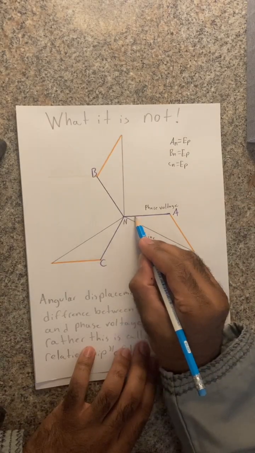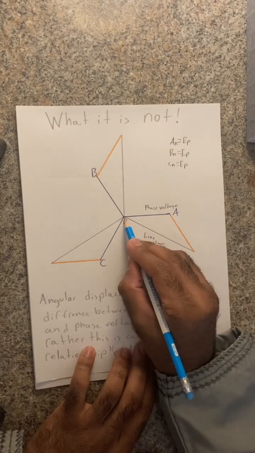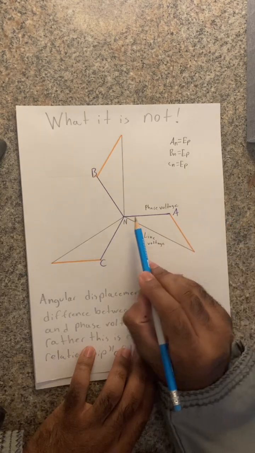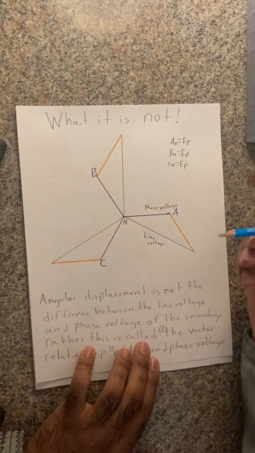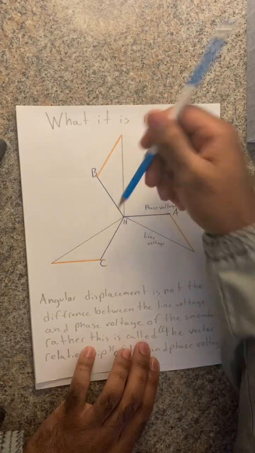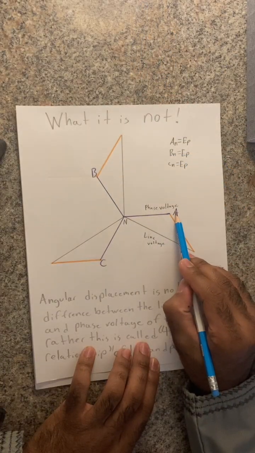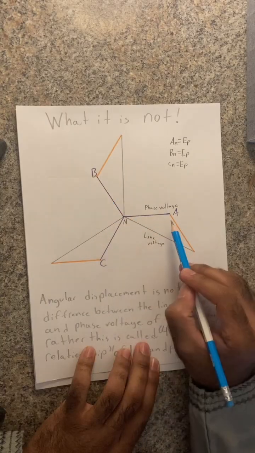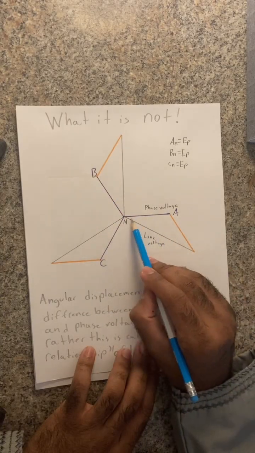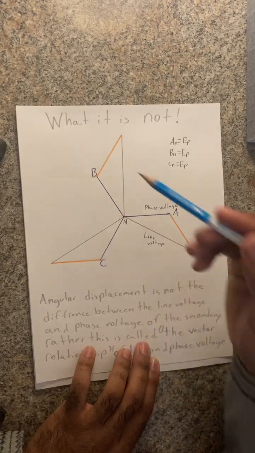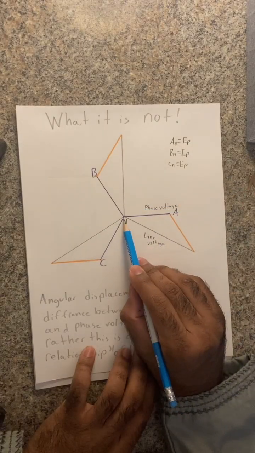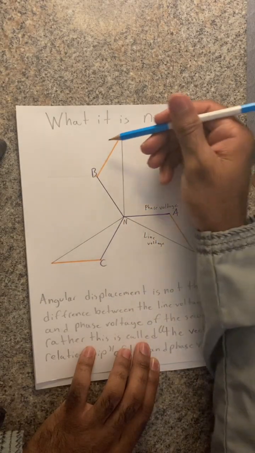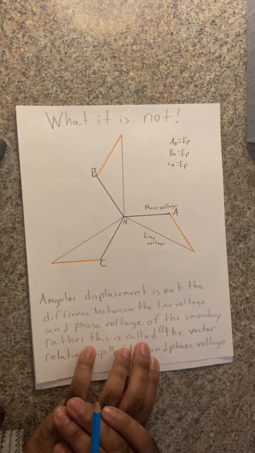If we consider this to be a direction in which it would be considered plus, we trace in this direction and then come through this direction. If we measure the line voltage between phase A and phase B, that is the voltage AN to the voltage BN, it would be plus A minus B.